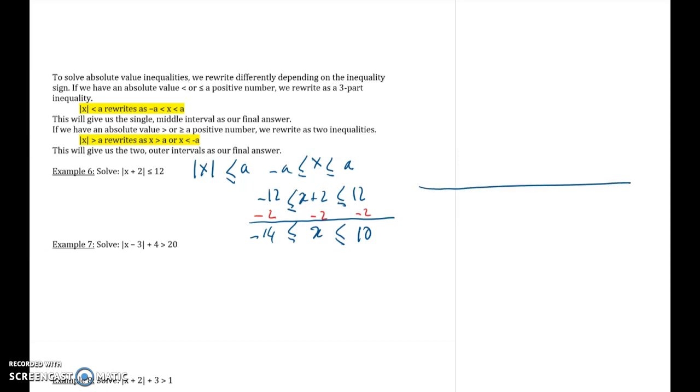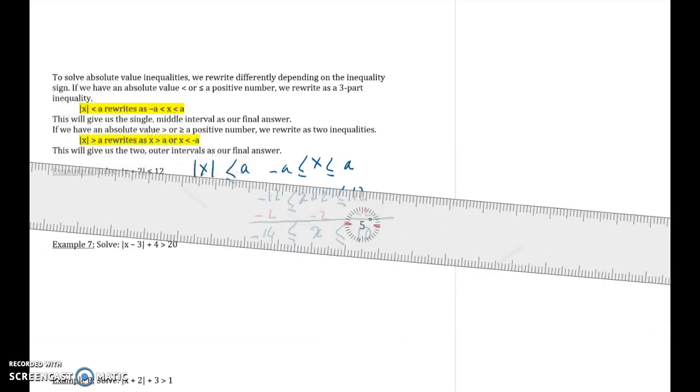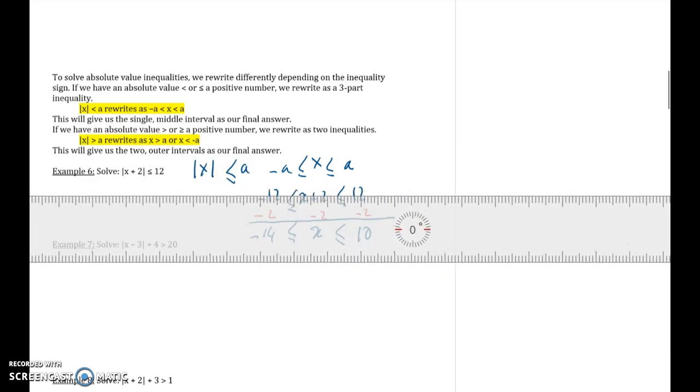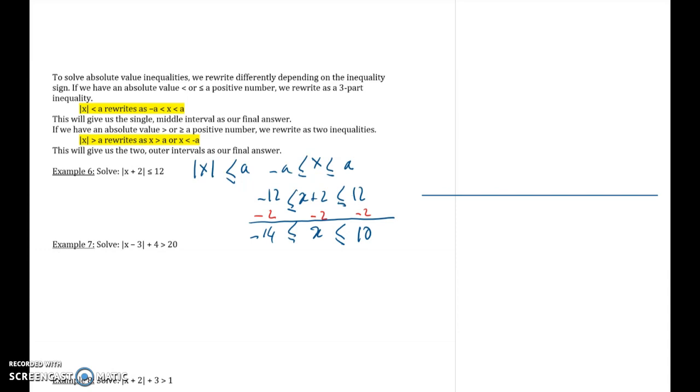If I represent my number line, let me use my ruler. Okay, I got a ruler, so let's use the ruler to be a bit fancy. So, number line. I have 0 right here, so negative 14 is right here, and 10 is on this side. x is in between, so I will be right here.